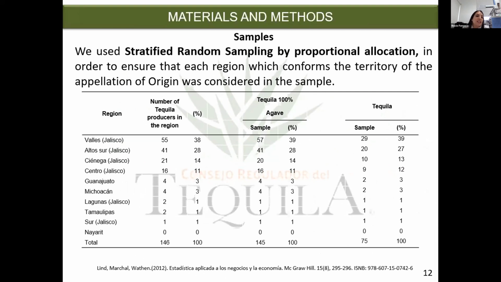For example, in this table, we have all the regions in the DOT, or territory of the appellation of origin. For example, Valles has 55 tequila producers in the region. They are 38% of the universe of tequila producers.